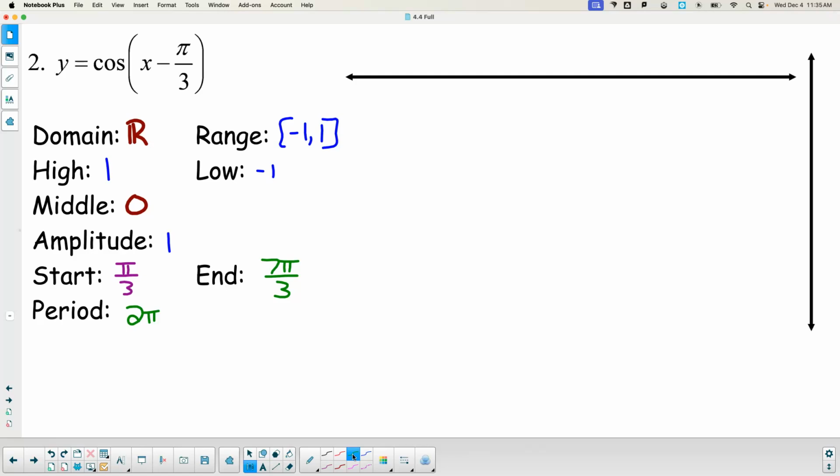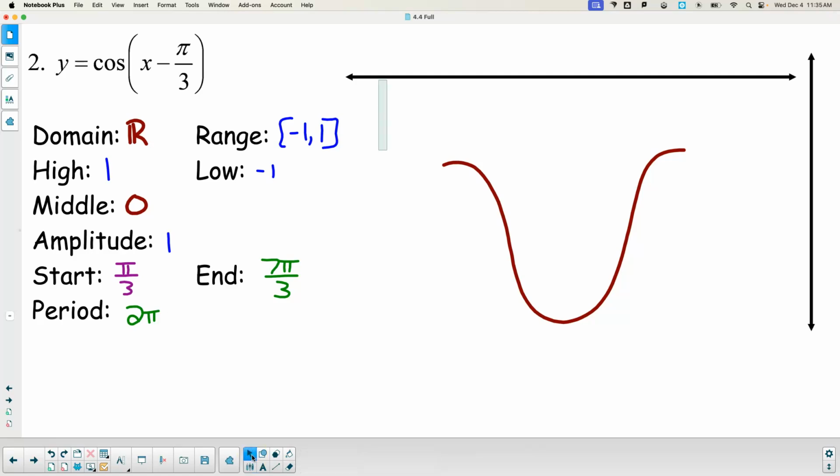Okay. This is a cosine function, correct? So here is how I would start my graph with a cosine function. My middle is still at 0, so I can bring that into play here.